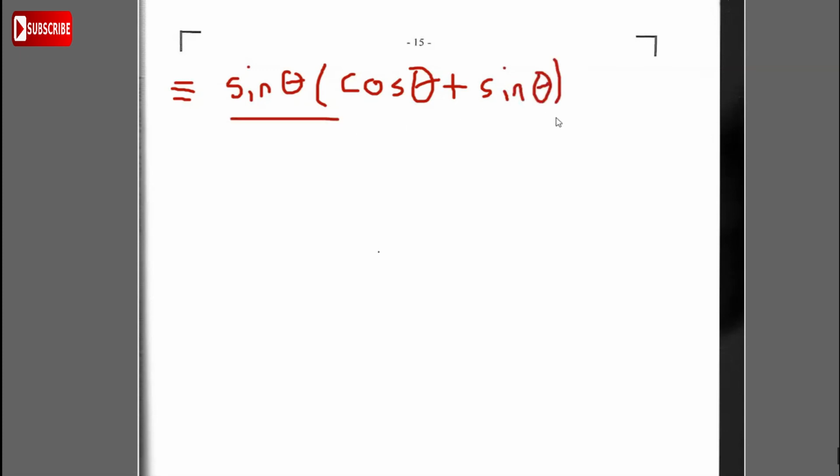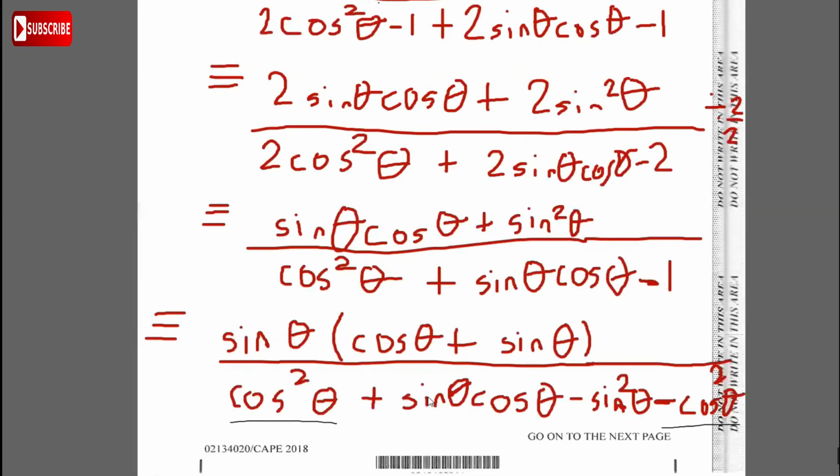So what we end up getting is sine theta into cos theta plus sine theta, and this is now being divided by, going back around here, sine theta cos theta minus sine square theta.